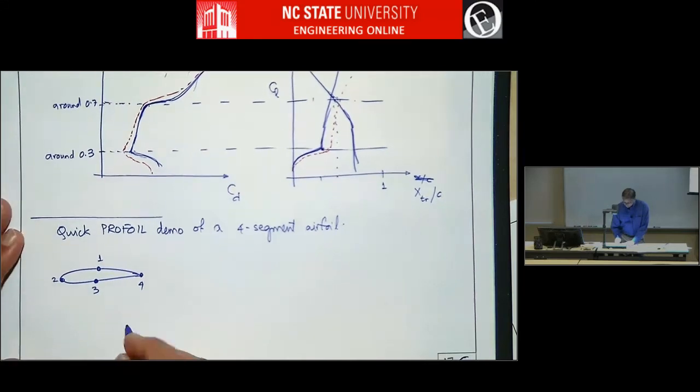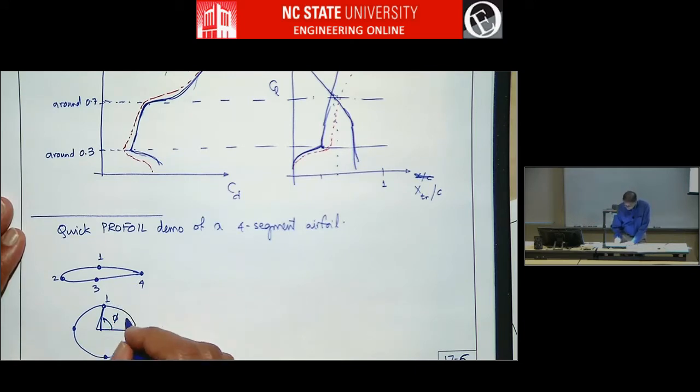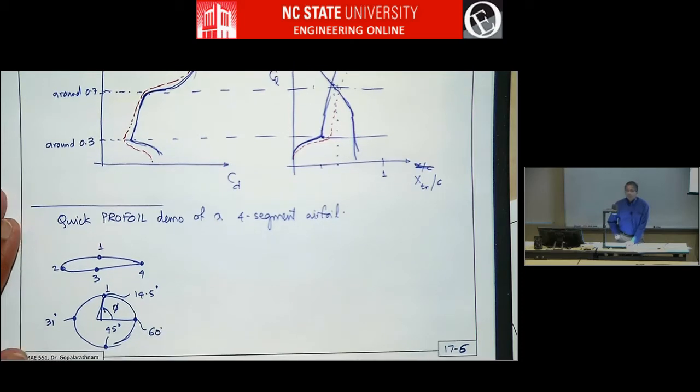Remember, at least initially, you have to think in terms of circle coordinates, and then you'll get used to it, so it's fine. So I've set this phi. So phi 1 is 14.5, and this is 31 degrees, and this is 45 degrees, and this is always 60 degrees.